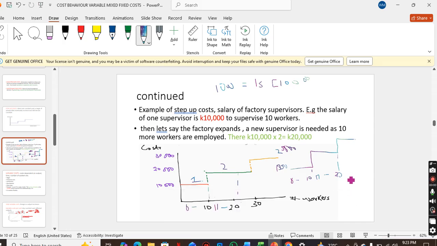From 21 to 30 workers, you're going to need 3 supervisors. That will be $30,000. So this is how stepped costs work. They are fixed, but they increase over certain ranges.